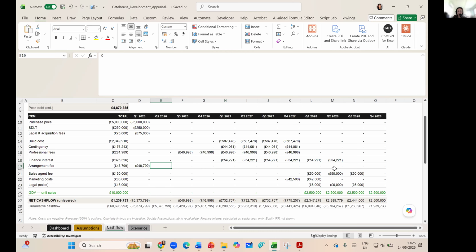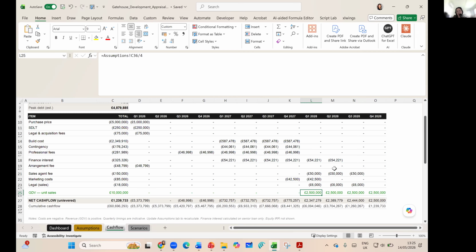The arrangement fee is correct, so it's period zero. Then you have sales and agents fees, marketing costs, and GDV unit sales. The good news is that it assumes a sales ramp-up, so it's building over a year that you're going to sell. But again, this is not flexible.